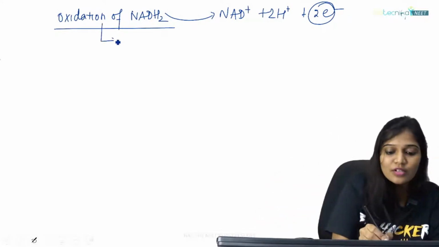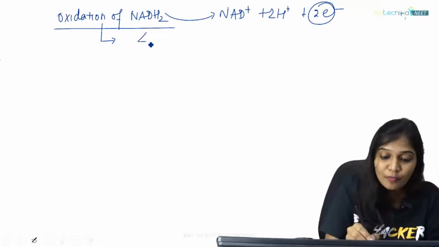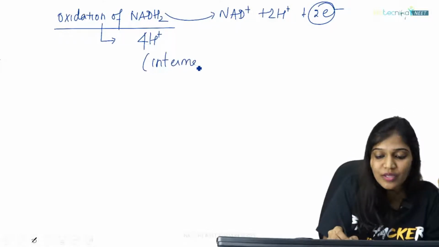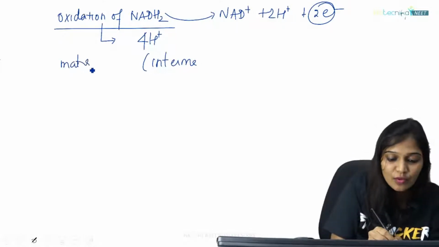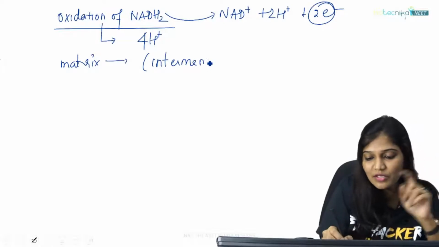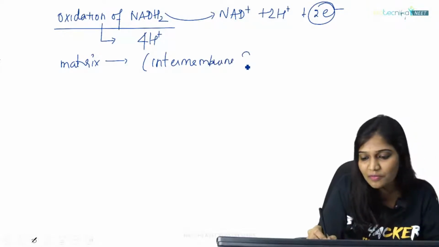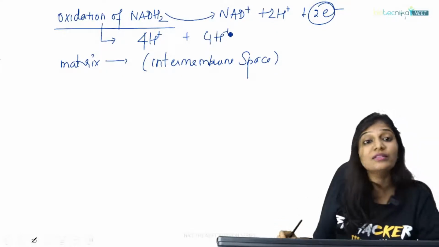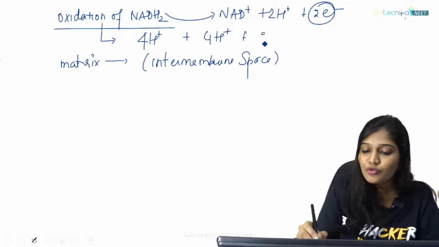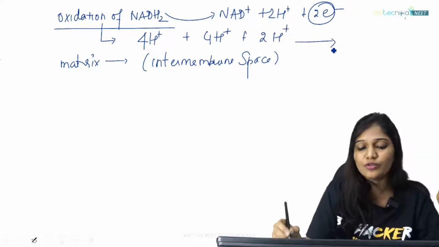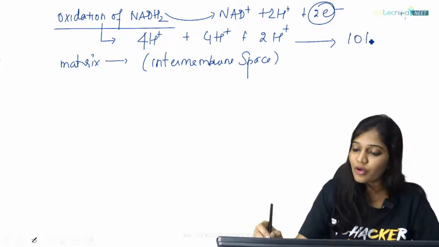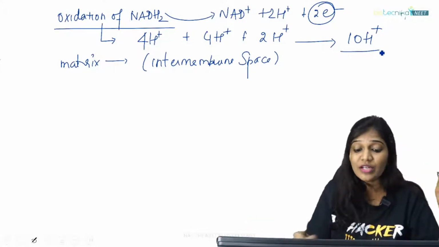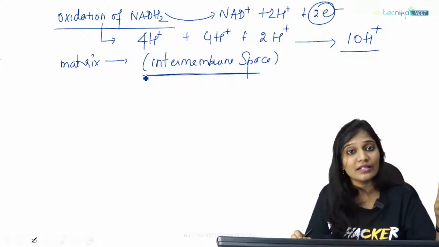Whenever this oxidation goes to complex number 1, 4 protons are pumped, very important, from the matrix into the intermembrane space. Then 4 protons after complex number 3, and finally 2 protons. So totally 10 protons are pumped from the matrix to the intermembrane space if the ETC cycle starts with NADH.